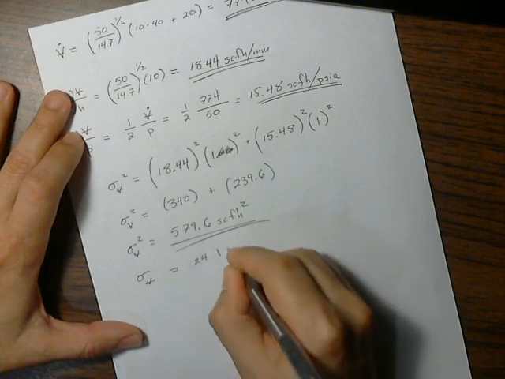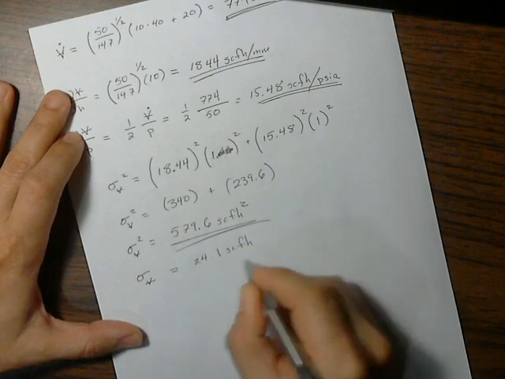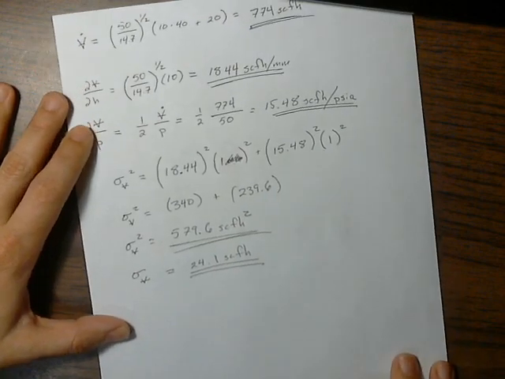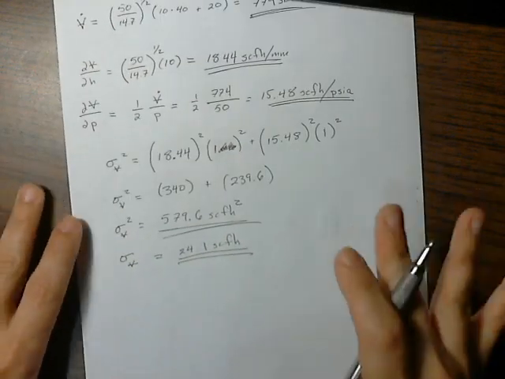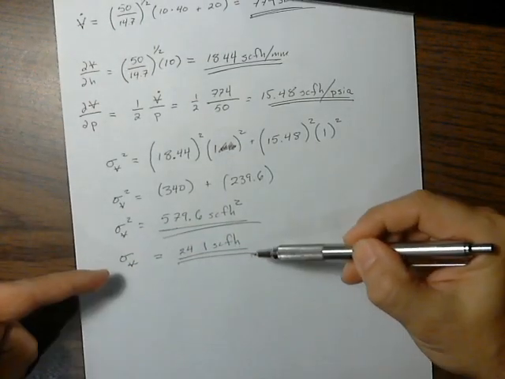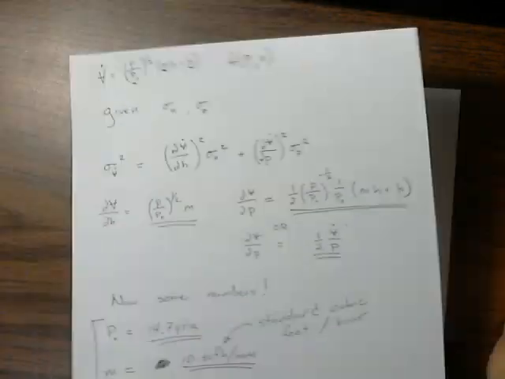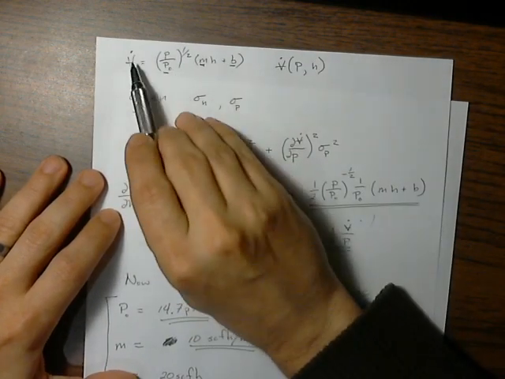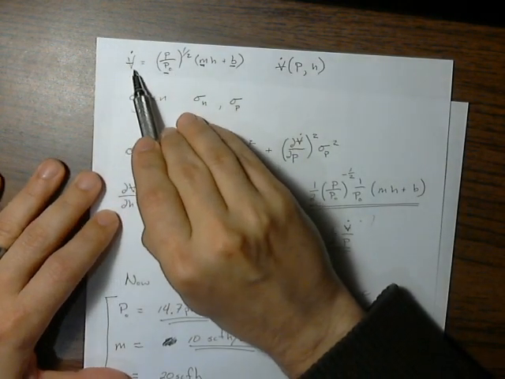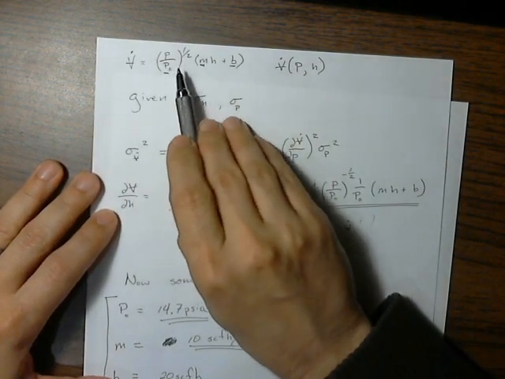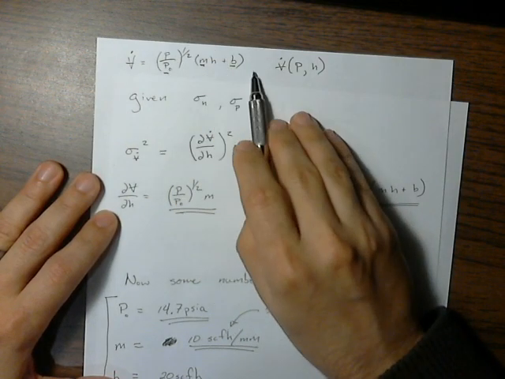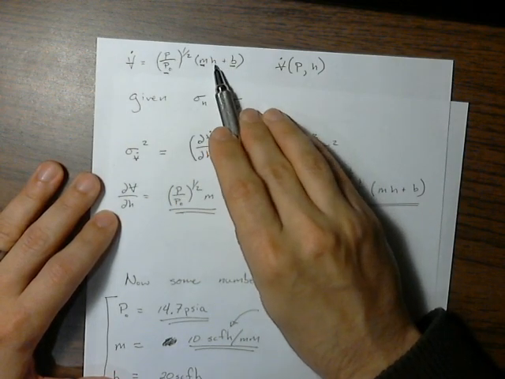All right, so the last step to all of this, once we've figured out our standard deviation, now let's take stock of what we've just accomplished. We've said that I'm calculating a calibrated flow rate from variables that have some degree of randomness to them, right?